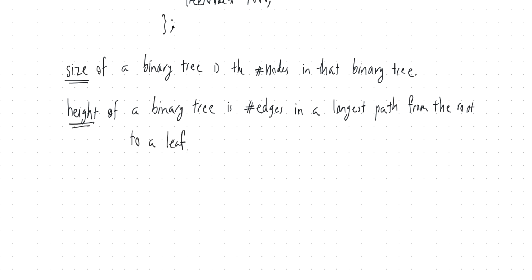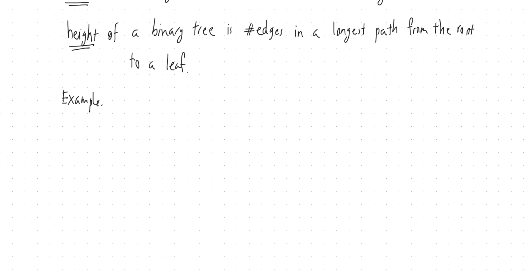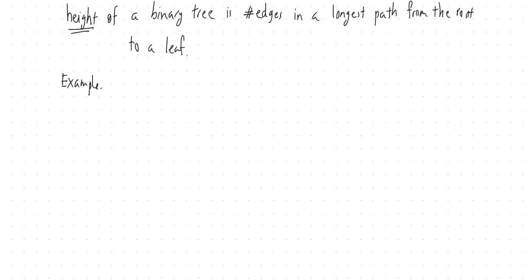Okay. Now, let's do some examples for the height because it's not as trivial as size, right? So the first tree that I'm going to look at is this binary tree here. Okay. You want to compute its height.